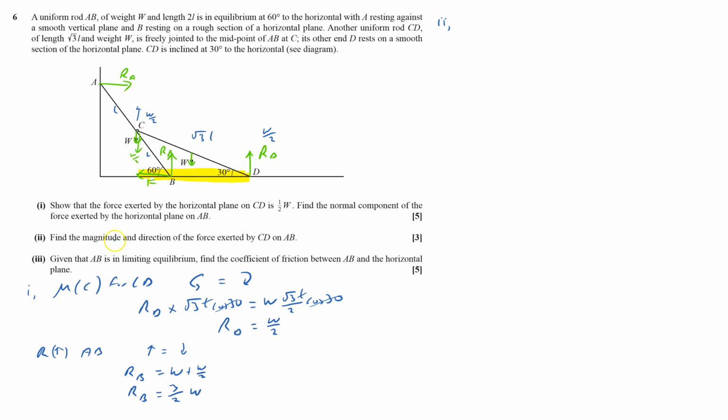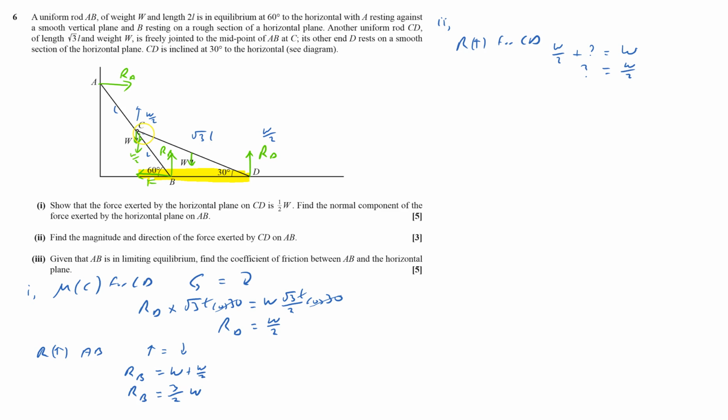Part 2. Find the magnitude and direction of the force exerted by CD on AB. I think I've already done that, because we know that it's got W over 2 here, W going down, so it's got to be W over 2 up here. So if I resolve vertically for CD, then I get W over 2 plus something equals the force downwards W, so the unknown is going to be W over 2.